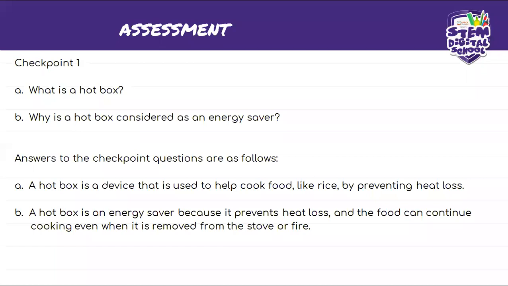So we say a hot box is an energy saver because it prevents heat loss and the food can continue cooking even when it is removed from the stove or fire.